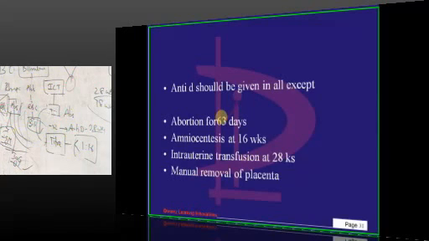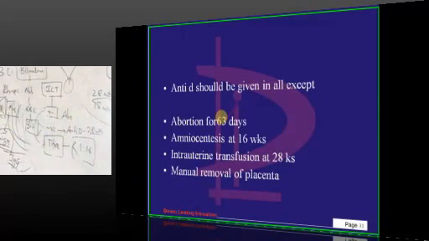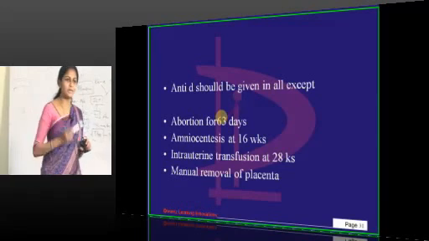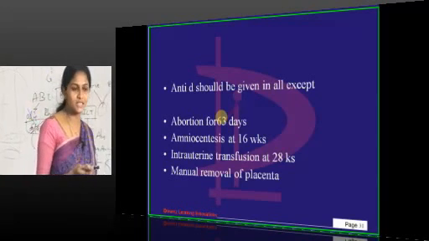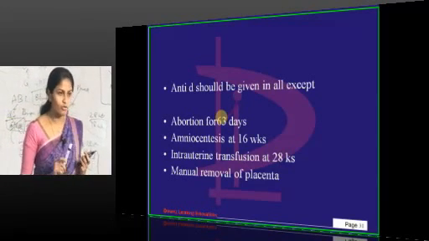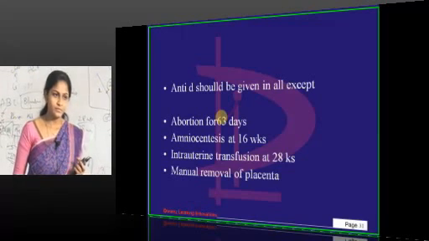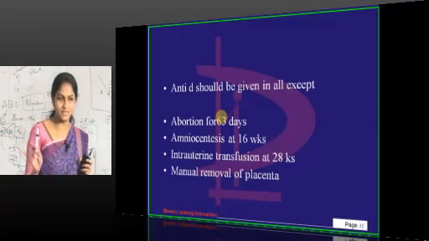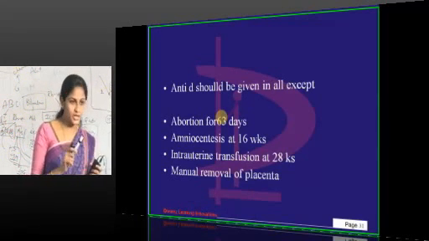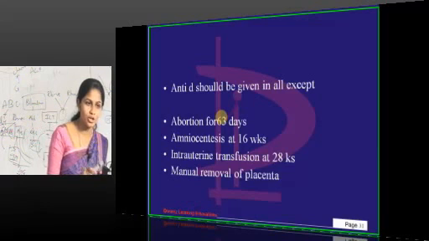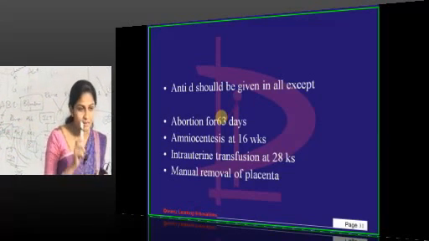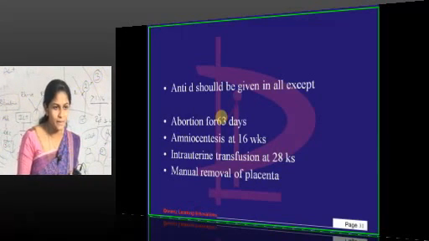When do we give intrauterine transfusion? Tell me. When hematocrit is low, it indicates the baby is landing in anemia.